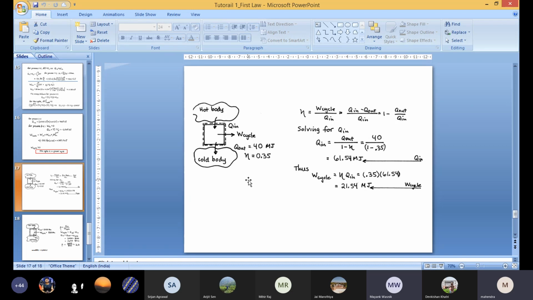Within the cycle, if you take individual processes, the change in internal energy will be there. A cycle consists of 3 or 4 individual processes. When you take the overall cycle, since it comes back to that position again, the net internal energy change is 0.